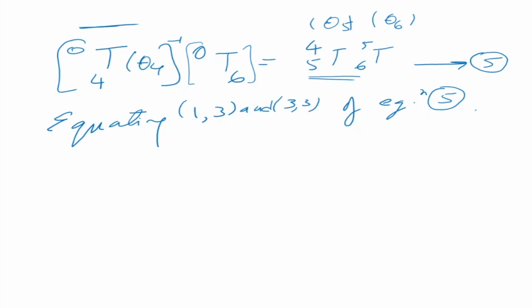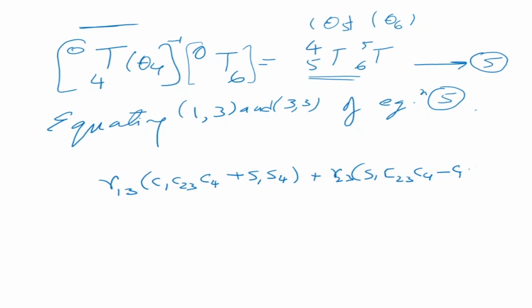So if we equate these two, what we get is r1 3 cos 1 cos 2 3 cos 4 plus sin 1 sin 4, plus r2 3 sin 1 cos 2 3 cos 4 minus cos 1 sin 4, minus r3 3 sin 2 3 c4, is equal to minus of sin 5.